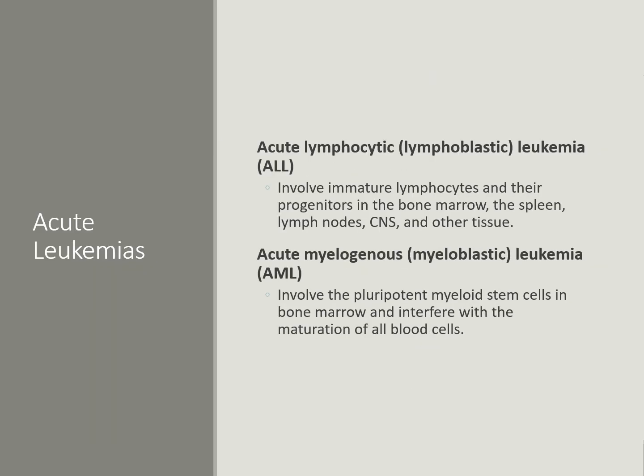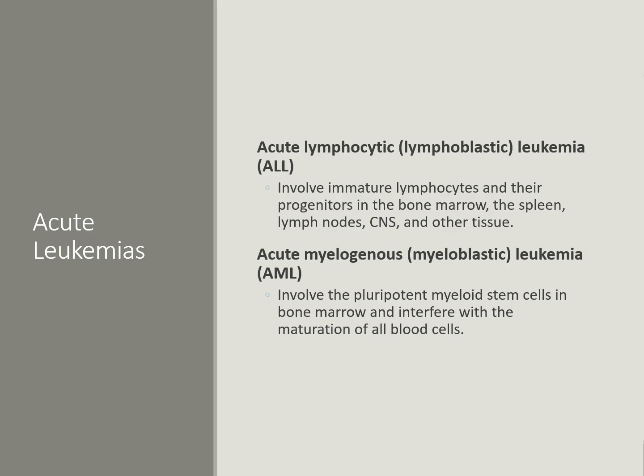In acute leukemias, and we'll contrast that with chronic leukemias in a moment, we have two different types. We have acute lymphocytic or lymphoblastic leukemia, which is ALL, and acute myelogenous or myeloblastic leukemia. In lymphocytic leukemias, we're talking about immature lymphocytes, their progenitors in the bone marrow, and also involvement of the spleen, lymph nodes, and CNS.